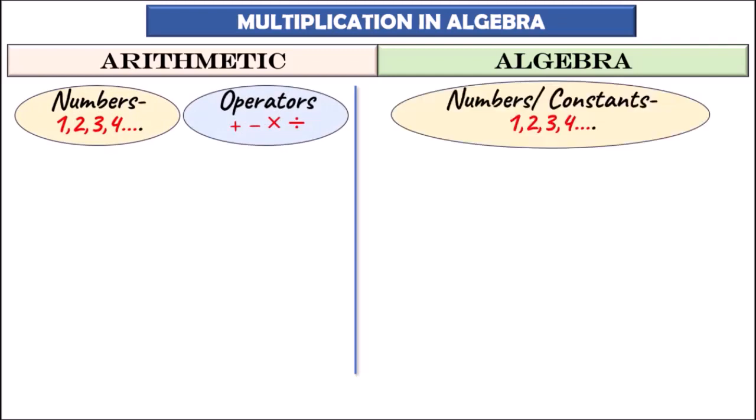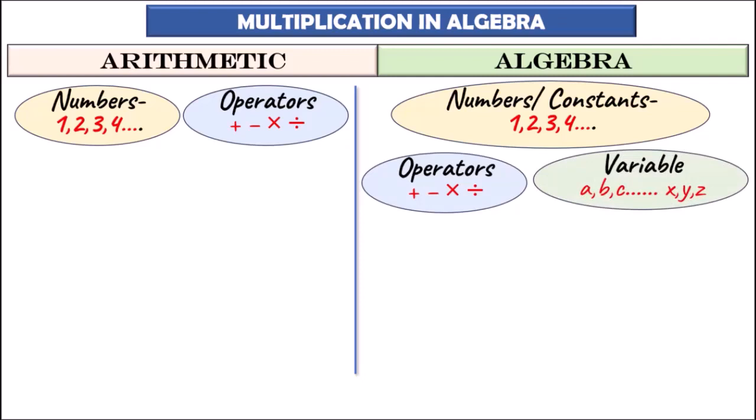In algebra also, we have numbers which are called constants, operators like plus, minus, multiplication, division, and variables which can be any letter from A to Z. In arithmetic, while doing multiplication, we write 2 multiplied by 3. In algebra also, we write exactly the same thing, 2 multiplied by 3, because here 2 is a number and 3 is also a number. But when we use a variable, there is some difference.